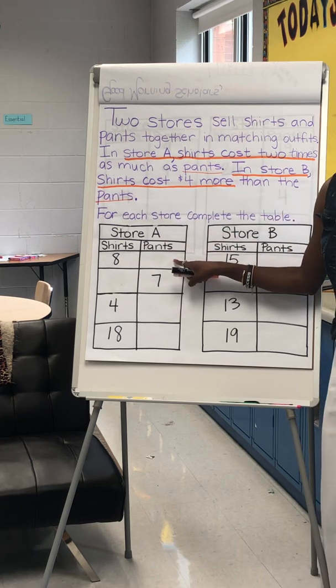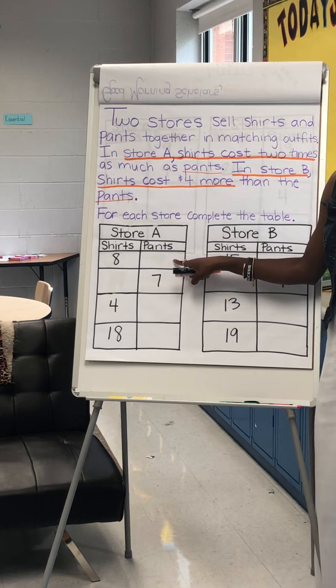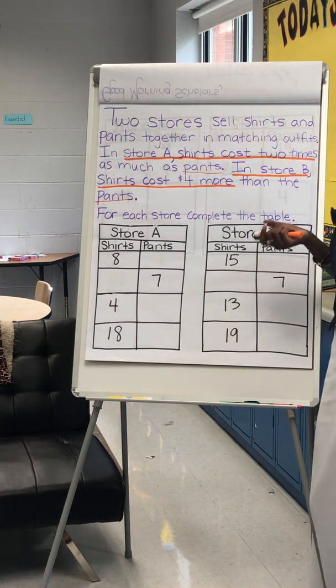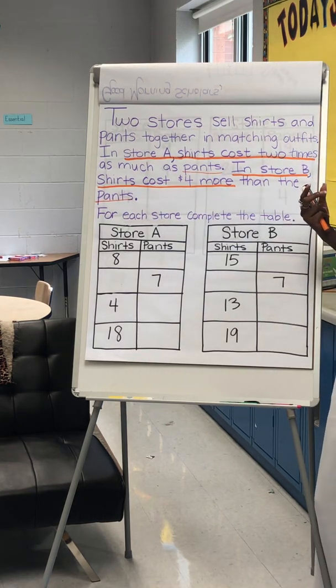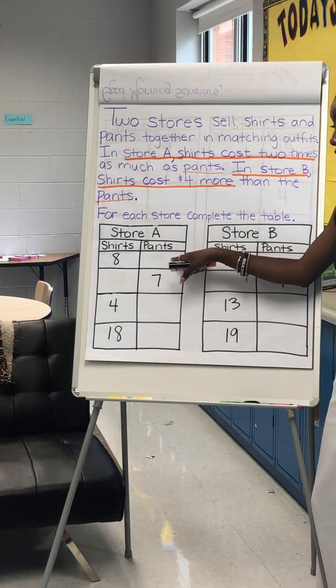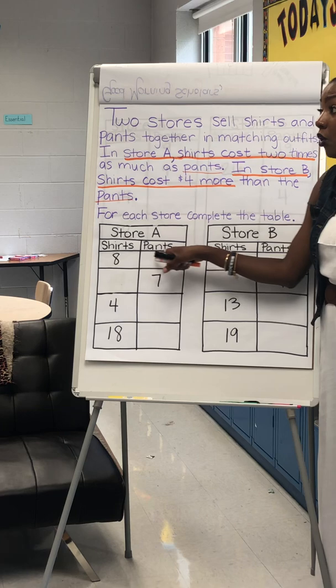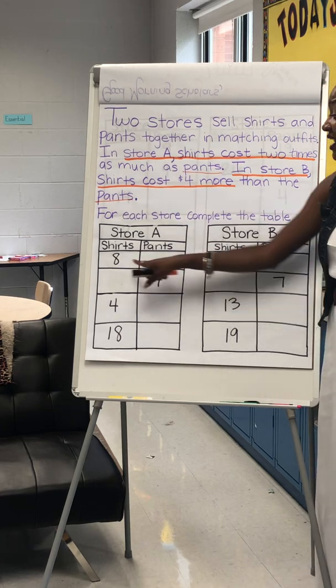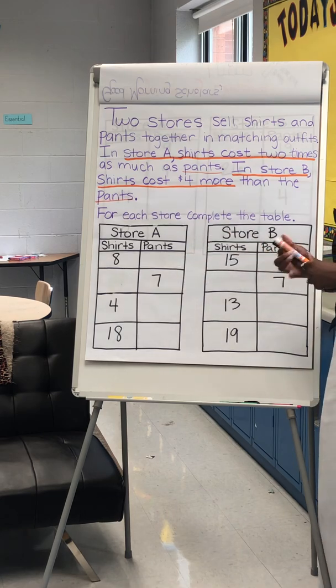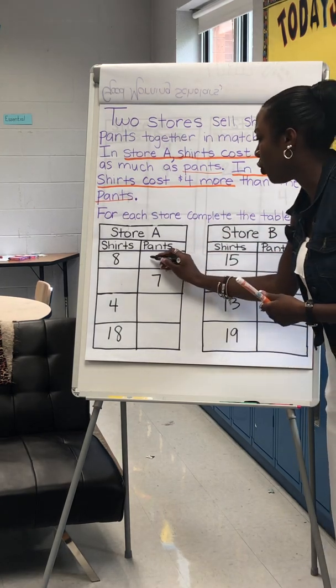That's me using my multiplicative comparison, using either multiplication or division. So let me think. If I know my math facts, then I know that 2 times 4 will give me 8. Or if I decide to divide, then 8 divided by 2 will give me 4. So I'm going to go ahead and put 4 in here.